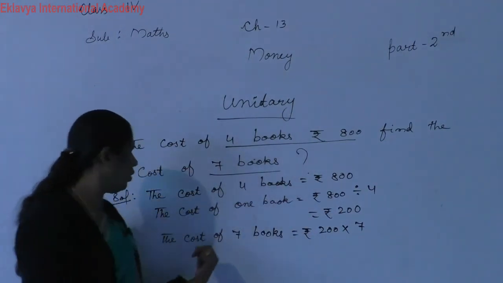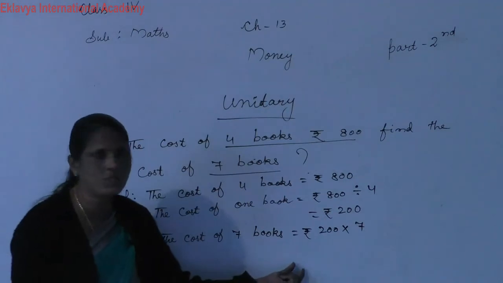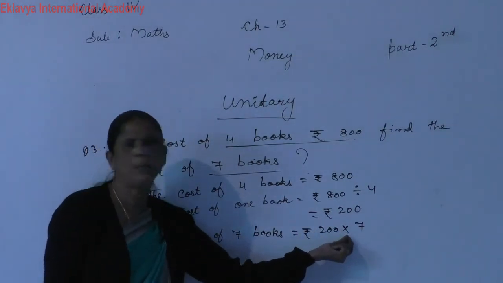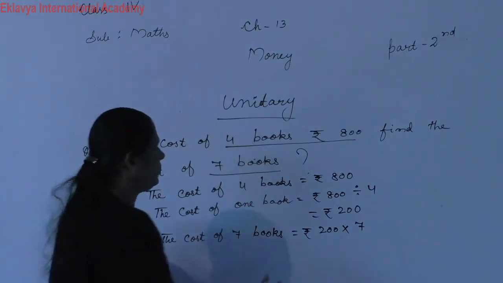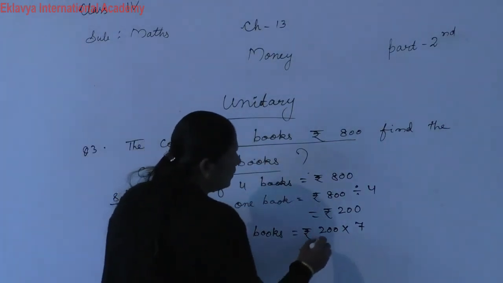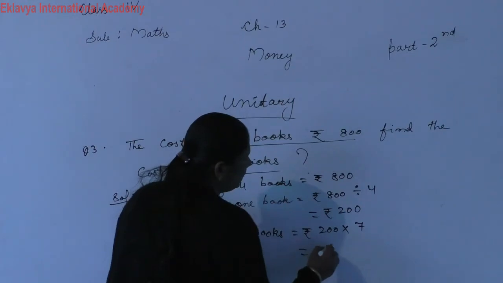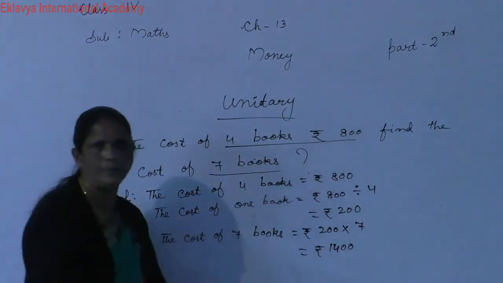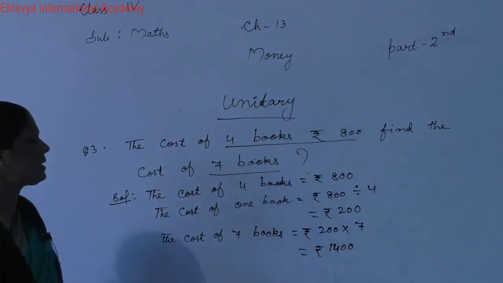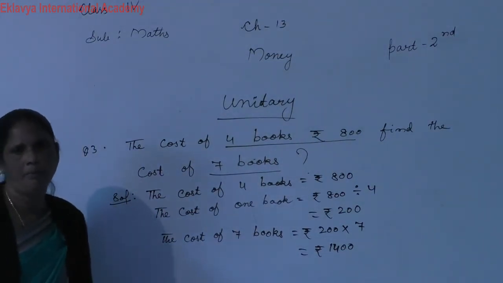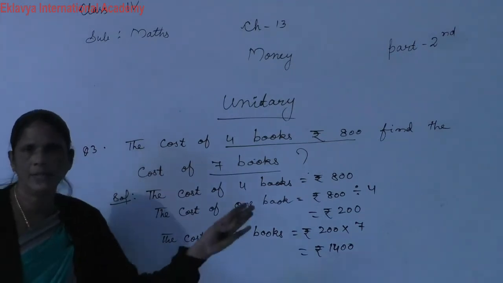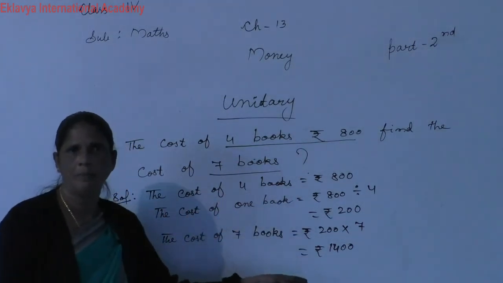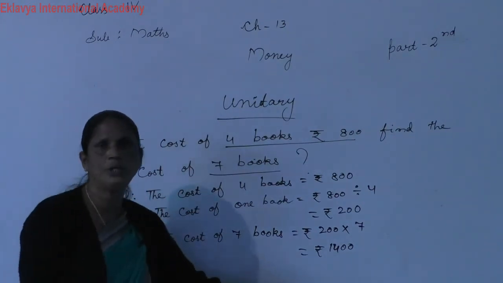That is rupees 1400. Understand? This is the unitary method: first divide, then multiply.